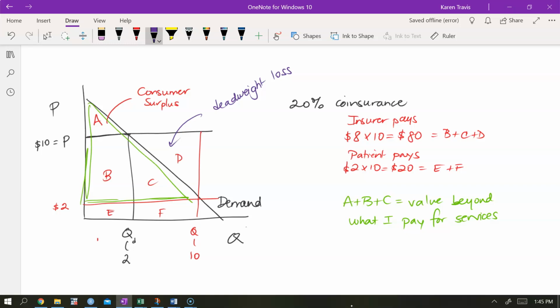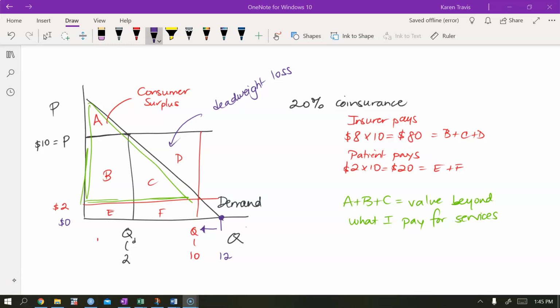So the overall point of the coinsurance is that it still limited my consumption compared to if I had to pay 0 and I consumed, say, 12 visits. Having coinsurance gets me to consume somewhat less so that I'm not really pushing the boundary of consuming care that I don't value.